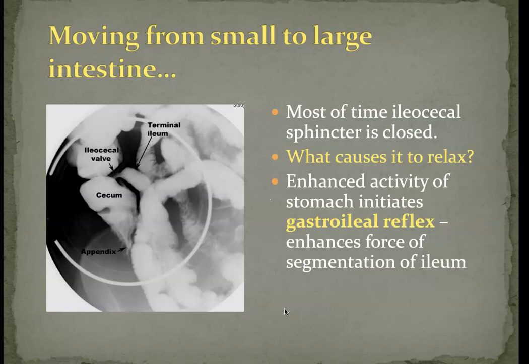Food goes in your stomach, that initiates this reflex. You get segmentation, which is basically peristalsis of the ileum. And then you have gastrin, which, remember, when things enter the stomach, gastrin is secreted, relaxes that sphincter, so whatever is left at the end of the small intestine then starts heading into the large intestine, the colon.